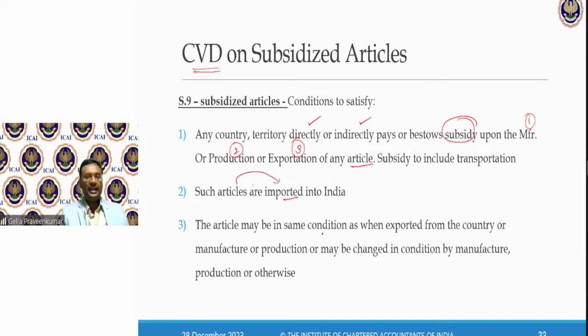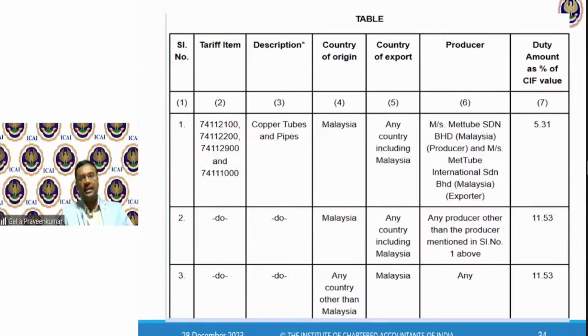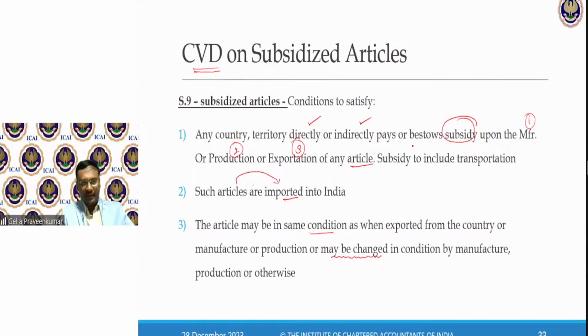The article may be in the same condition as when exported from the country, or changed in condition by manufacture, production or otherwise. Here, I have taken one example in relation to countervailing duty.